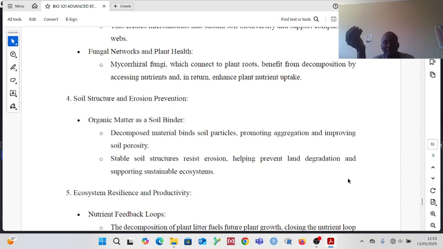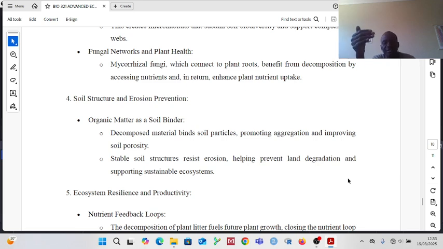So organic matter, when it is decomposed, when the decomposed material, it will end up now binding soil particles. Okay. So organic matter can act as a soil binder. When it binds soil particles together, it promotes aggregation, and that will help in improving soil porosity. So stable soils, because of this binder, will resist soil erosion.